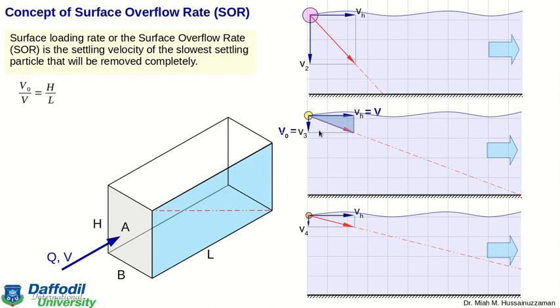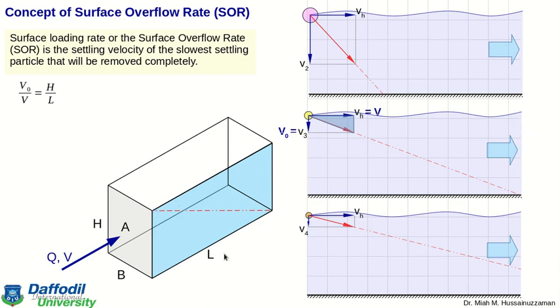So we can make a ratio of the arms and compare them, because they have similar arm ratios, the length ratio. So this arm, that means v0, divided by this arm, that means v, v0 by v should be h by l.